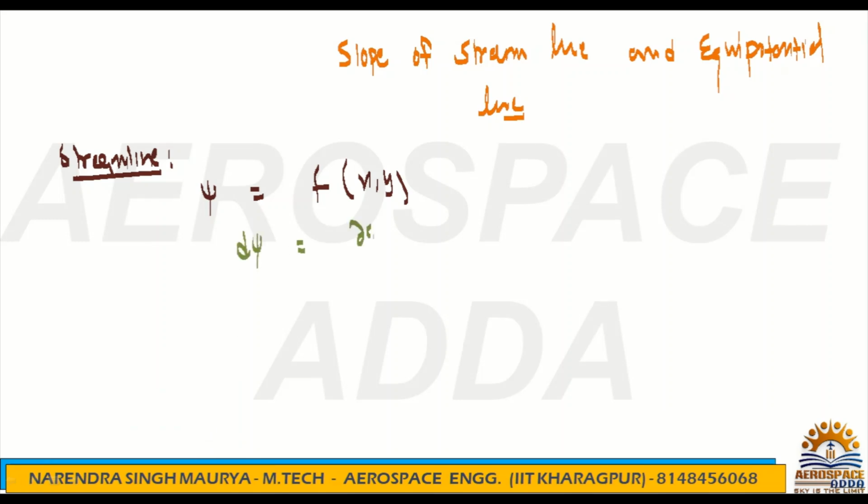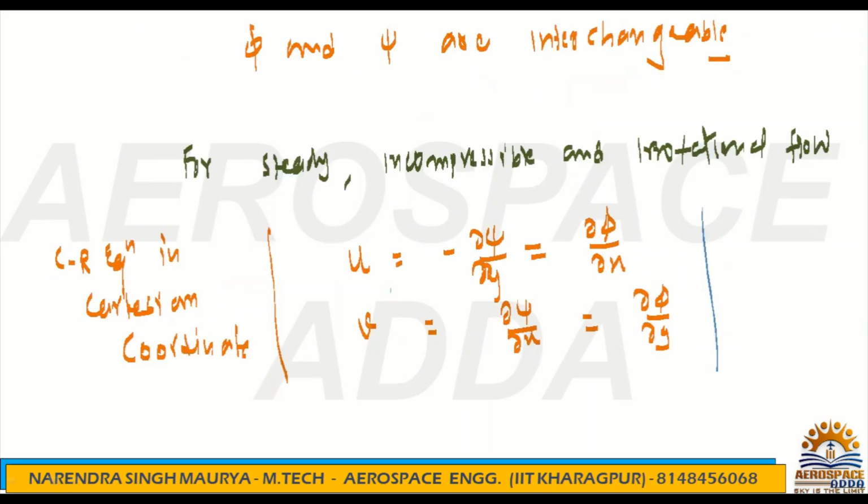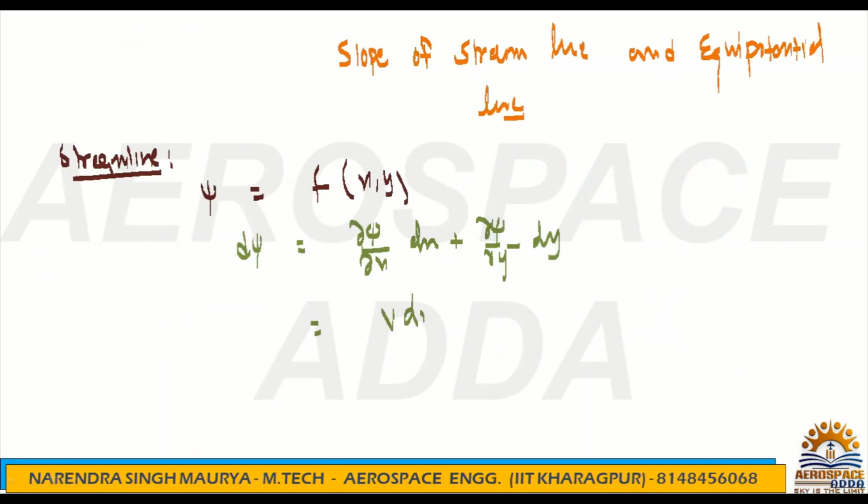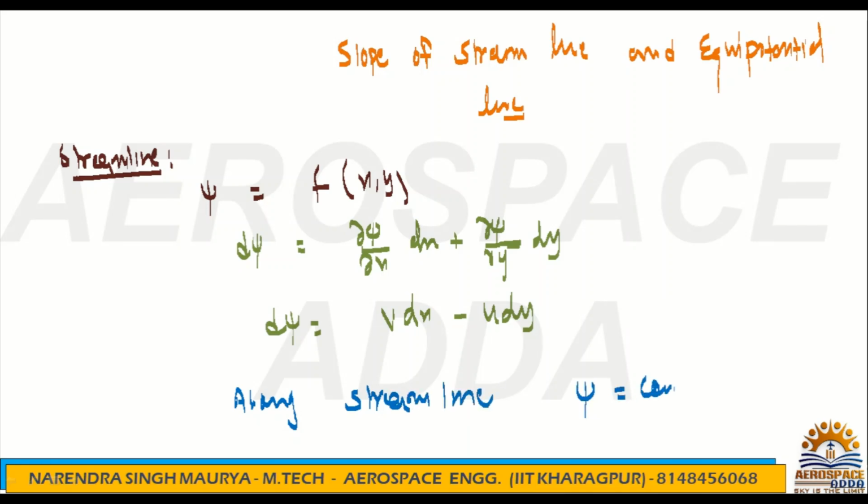d psi is equal to dou psi by dou x dx plus dou psi by dou y dy. What is dou psi by dou x? If you see here, dou psi by dou x is nothing but v. So d psi is v dx minus u dy. Along a streamline, psi is constant, you have seen that.